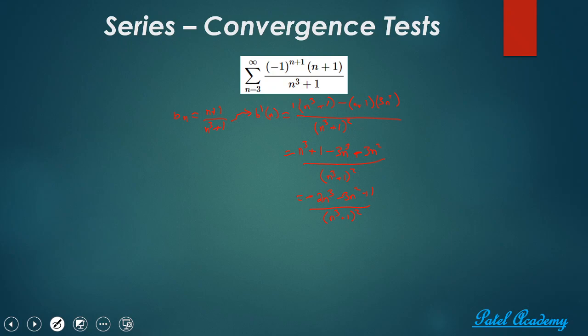So what do I know about this function? Well, I know that as n gets larger and larger, the denominator is always going to be positive. The numerator is going to be primarily governed by the negative 2n^3. From n equals 3 onwards, n^3 is always positive, but the negative 2 suggests that it's going to be negative.